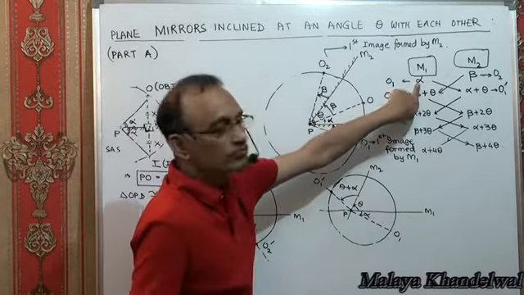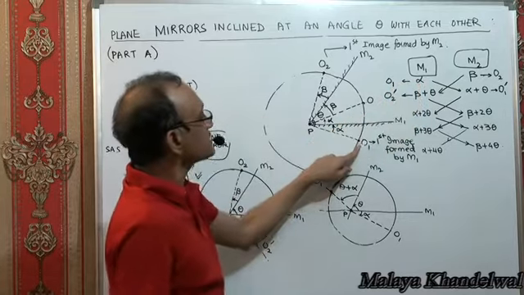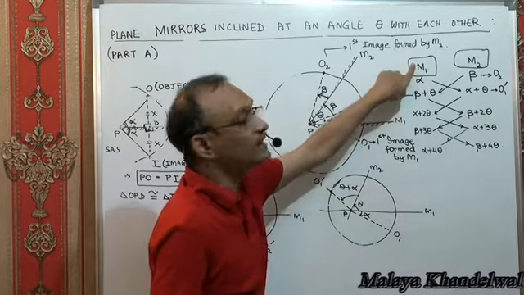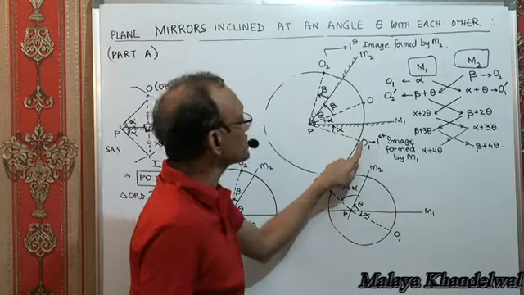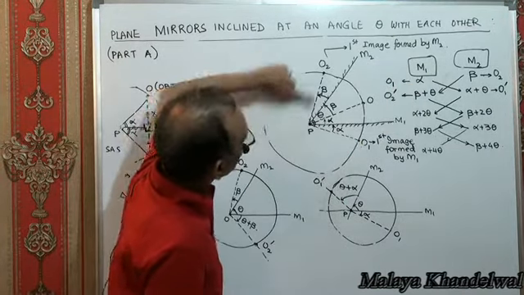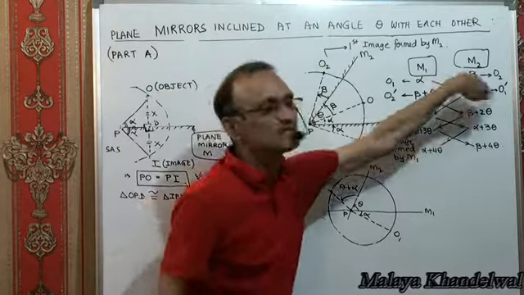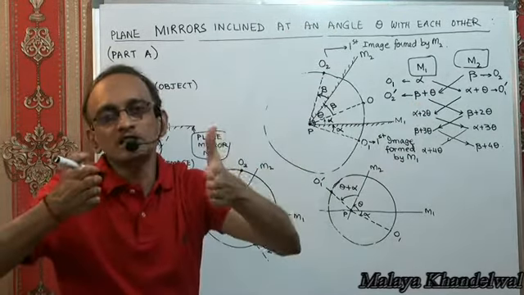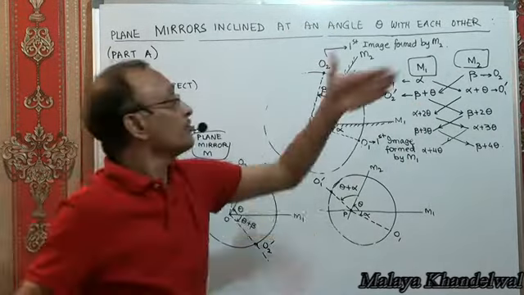The first image formed by M1, first reflection, is alpha from M1. Alpha is the angle made with M1 of the first image, right? The first image formed by M2 makes an angle beta with M2. So the first images formed out of first reflection from M1 and from M2 are separately designated alpha and beta, right?